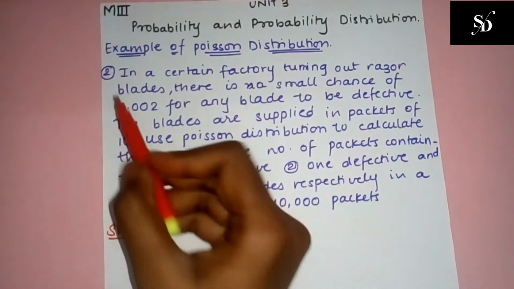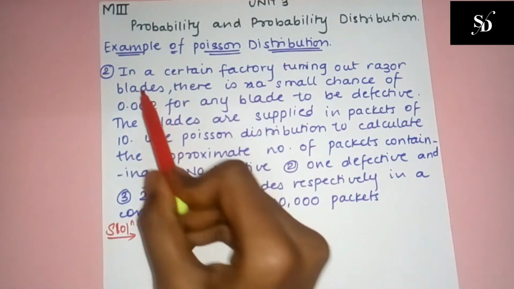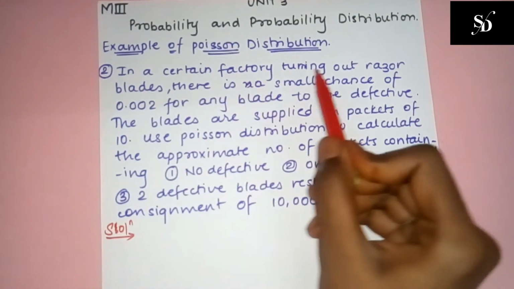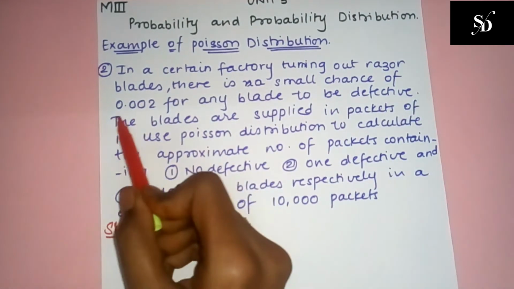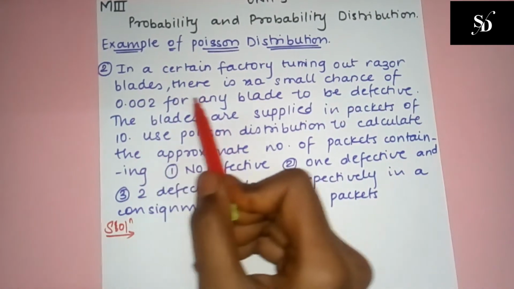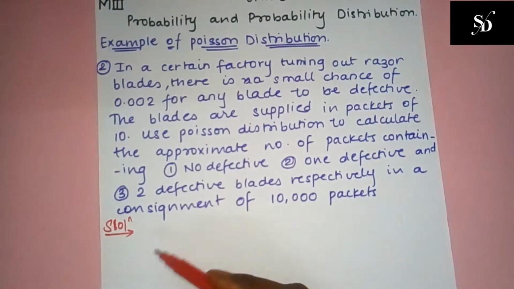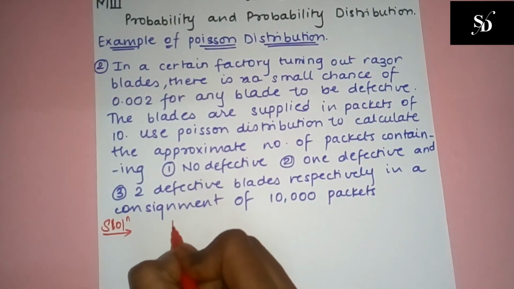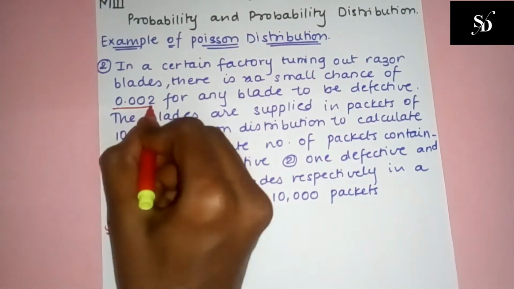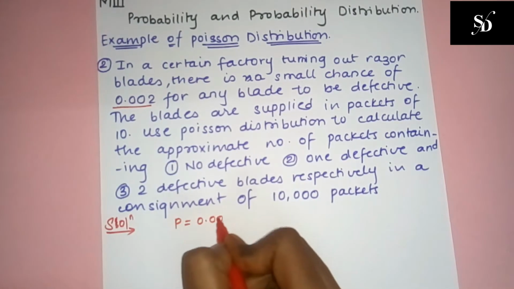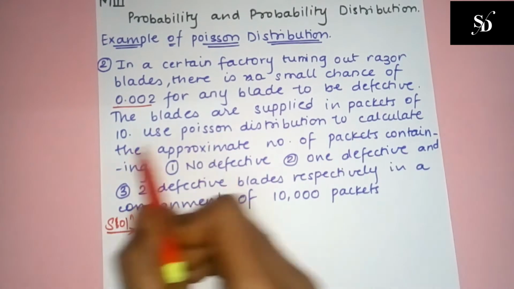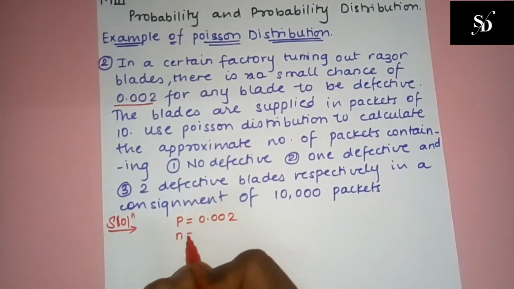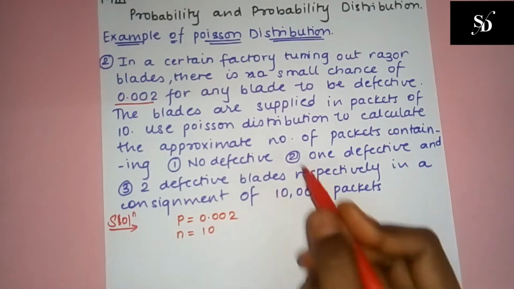Over here, this is the second example which I'm taking. In a certain factory turning out razor blades, there is a small chance of 0.002 for any blade to be defective. So they're telling us p is equal to 0.002. Then the blades are supplied in packets of 10, so small n is equal to 10.